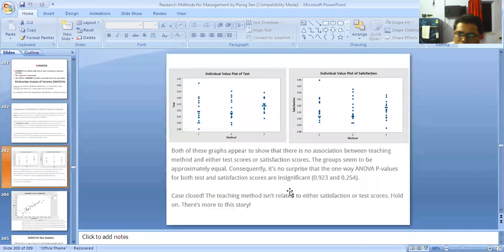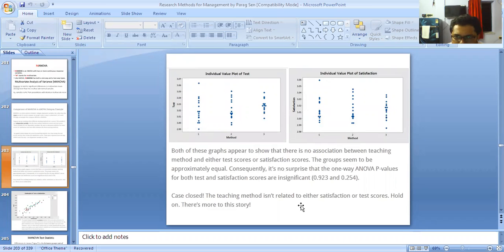If you carry out one way ANOVA, your null hypothesis will be that the teaching method does not affect test score, and the alternative is that teaching method affects test score. So you cannot reject your null hypothesis.